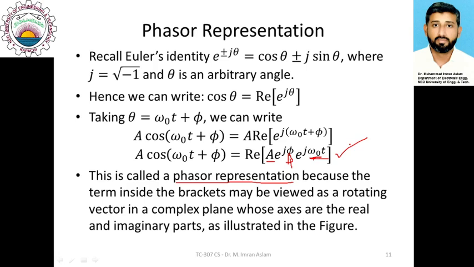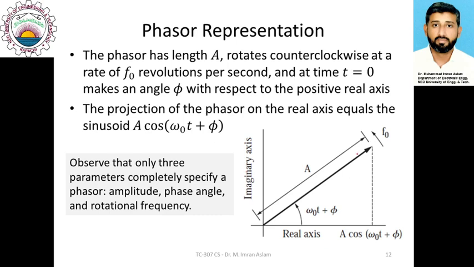And if we try to plot this phasor, it is plotted as a vector in a complex plane. A complex plane has a real axis and an imaginary axis, and we can plot it in the complex plane. So let me show the plot here. This is the plot of the phasor.